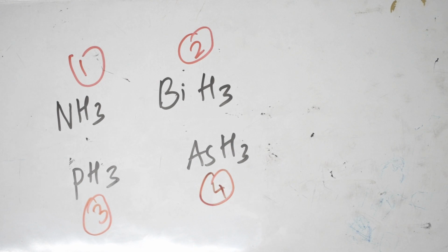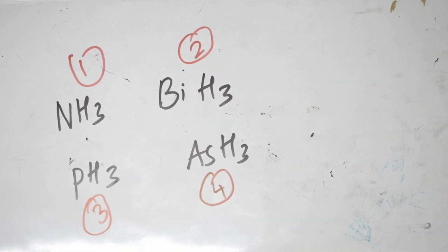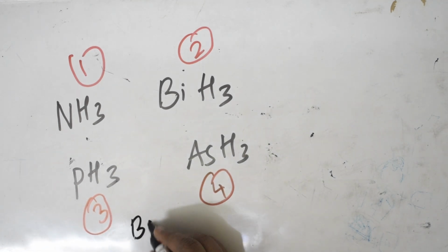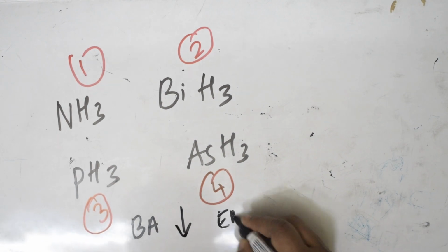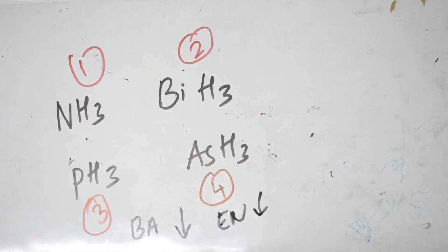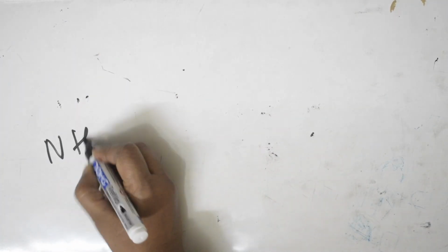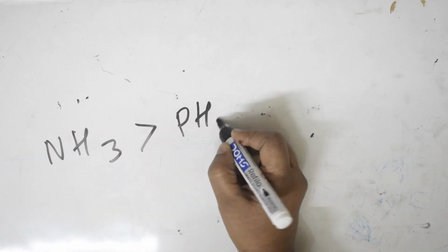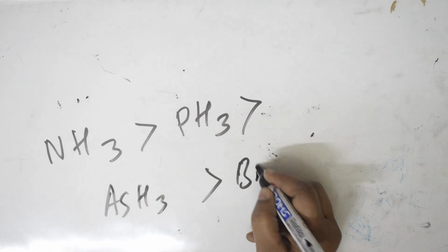Now we said bond angle decreases when we move down the group. Why? Because when I move down the group, bond angle decreases as electronegativity also decreases, correct. So among everybody, NH3 has more bond angle compared to PH3, compared to AsH3, compared to BiH3.